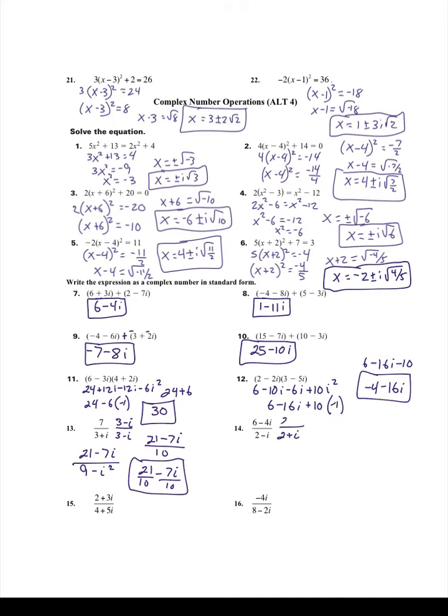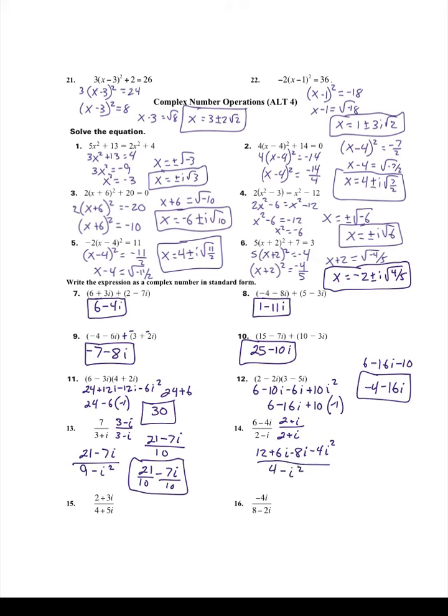Bottom here, we're going to multiply by 2 plus i. That gives us 12 plus 6i minus 8i minus 4i squared. i squared becomes -1, so we're going to turn that to a +4.